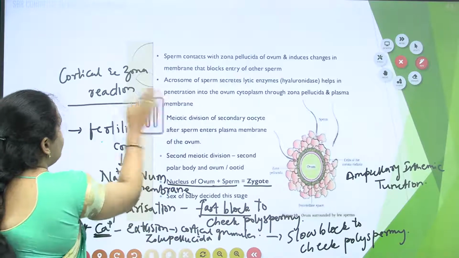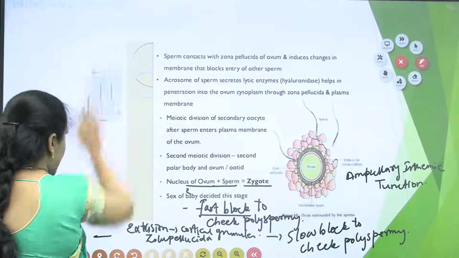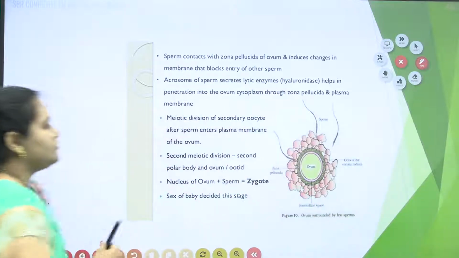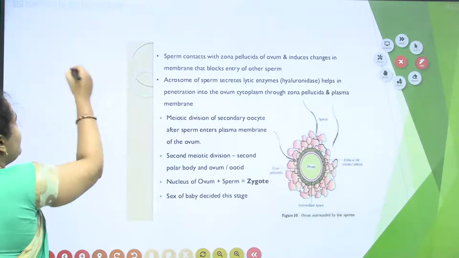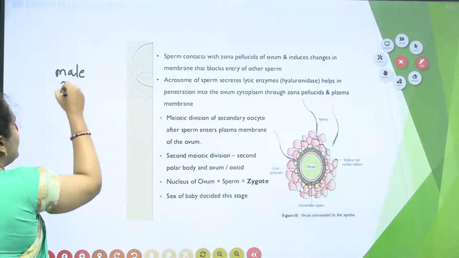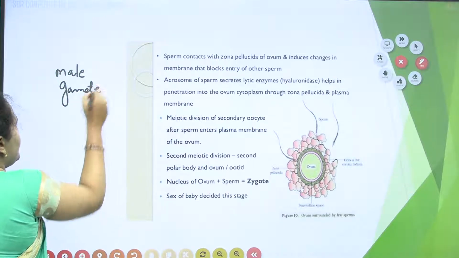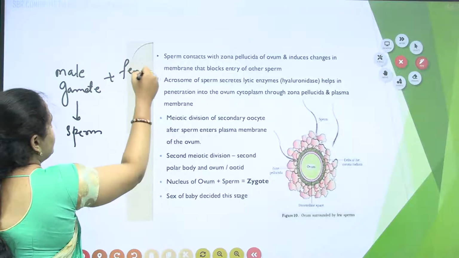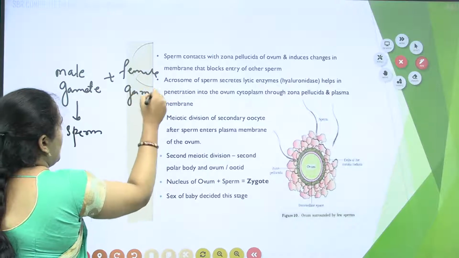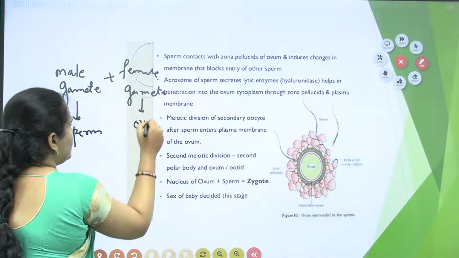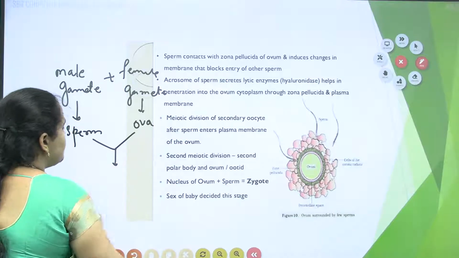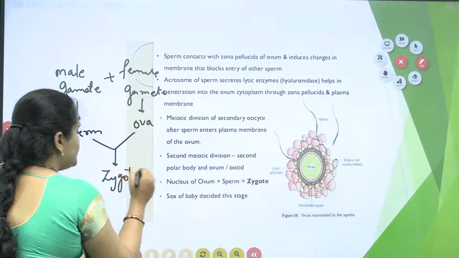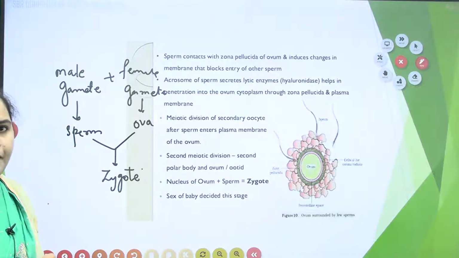And further, the gametes will be haploid. The union of the male gamete, that is the sperm, and the female gamete, that is the ova, is called fertilization, which leads to the formation of the zygote.